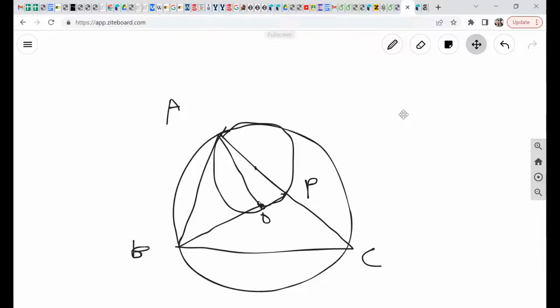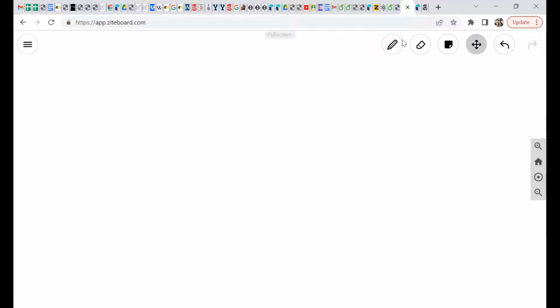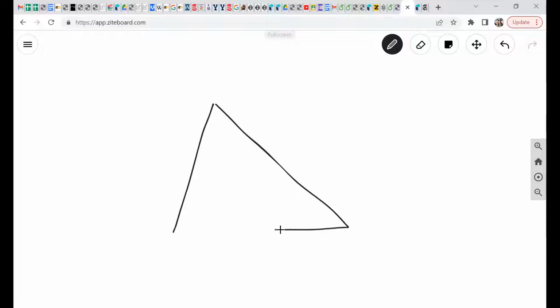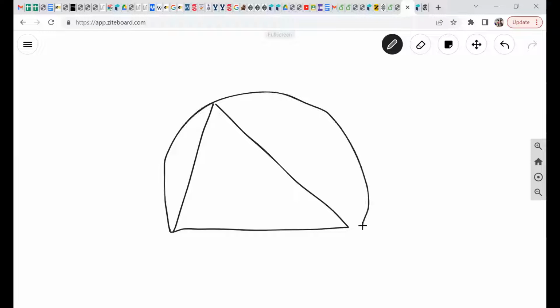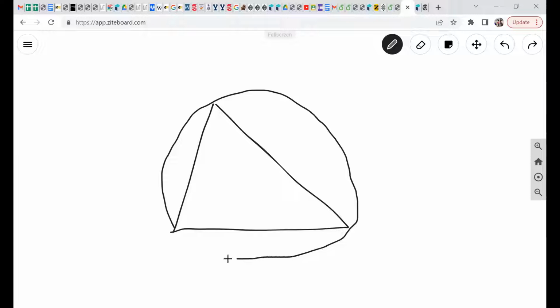Oh, I forgot to mention, first of all, you probably know this, but every triangle has a circumscribed circle. That was also a terrible circle. But it's important to know why this is true. We can take the intersections of these perpendicular bisectors.